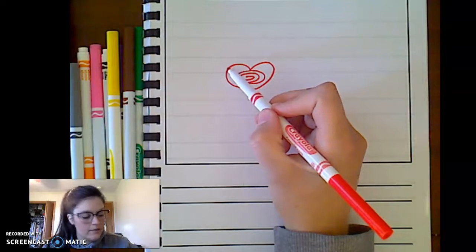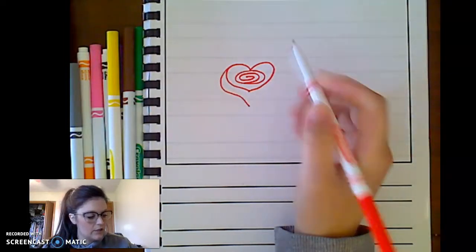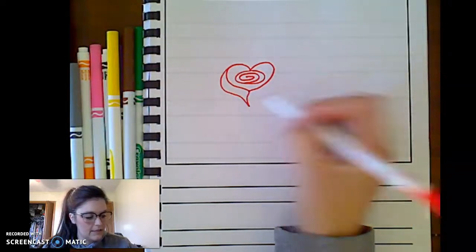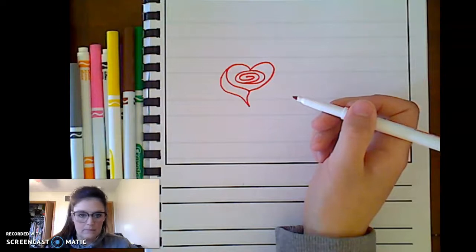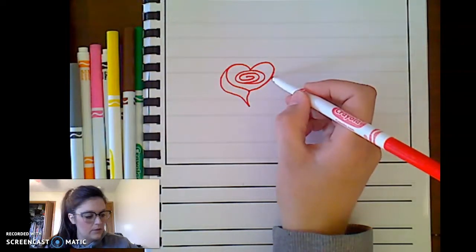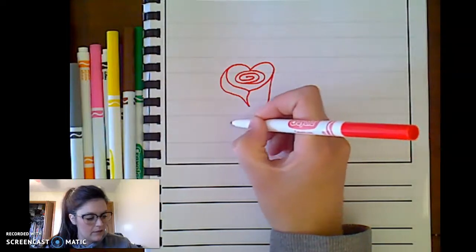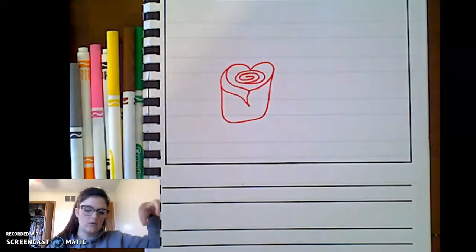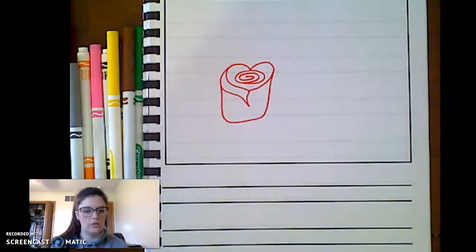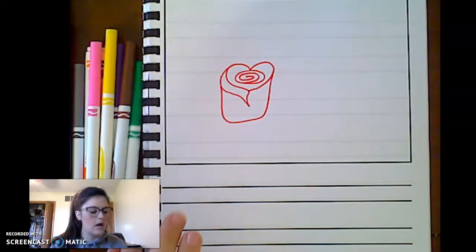We're going to come over here on this side, draw a little curved line down, and then connect it. And we're going to start over here on this side, and finish off our rose. So if you were looking down on the rose, this is probably what you would see.